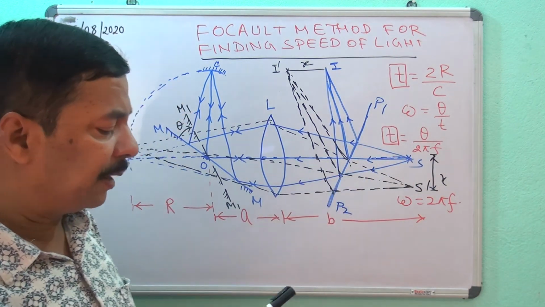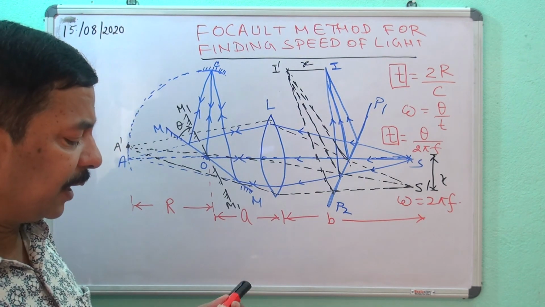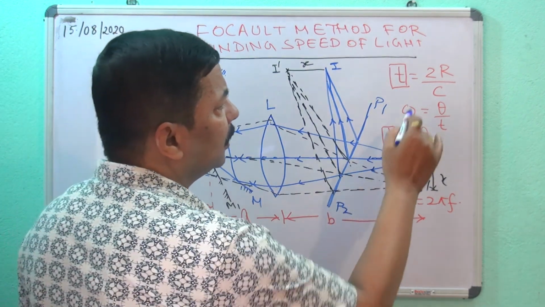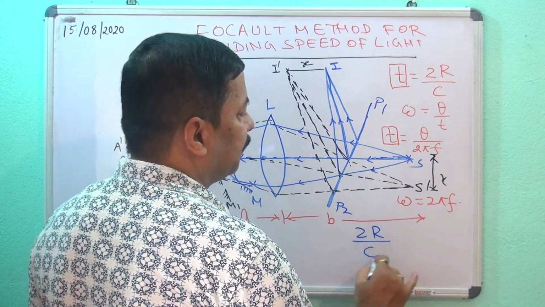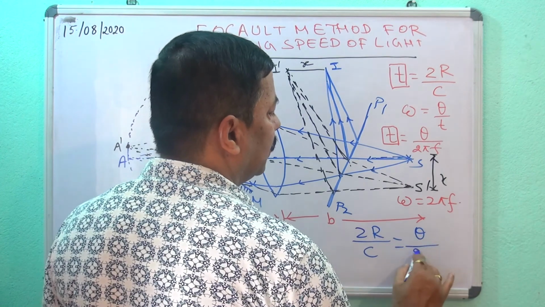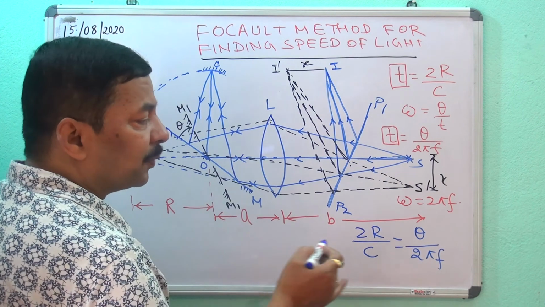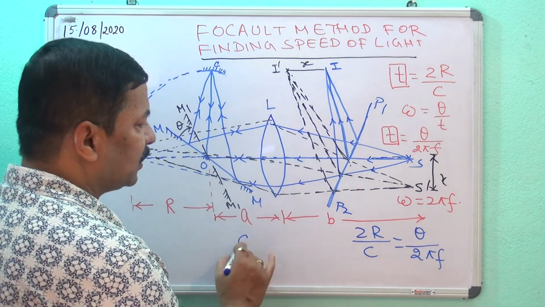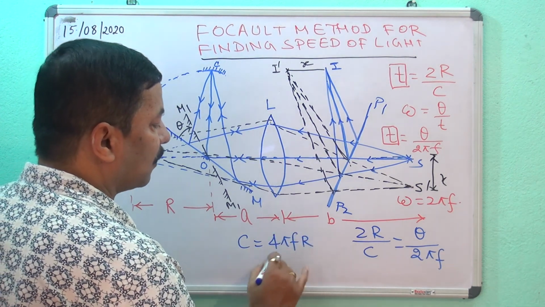If we make them equal, then you see what we are getting: 2R by C is equal to theta by 2 pi f. So we are getting the value of C is equal to 4 pi f R by theta.